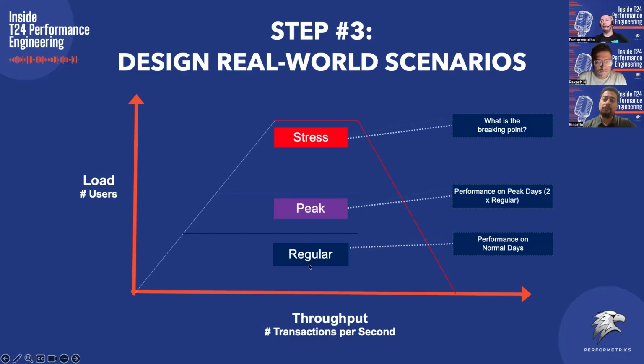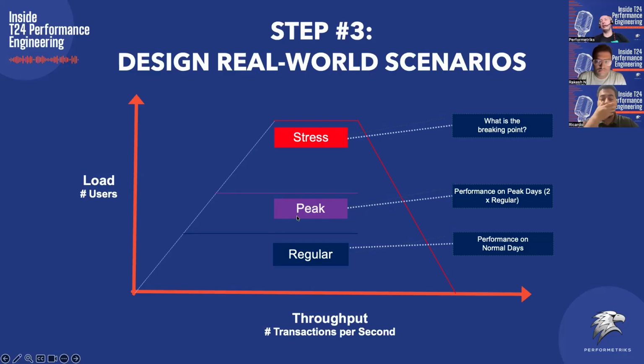After the regular test, when the results are good and all the SLOs are passed, we can switch to the peak load test, which is performance on the peak days. Let's say the end of the month or before any kind of holidays, when the bank will experience more traffic than it usually does. The same applies to the peak.